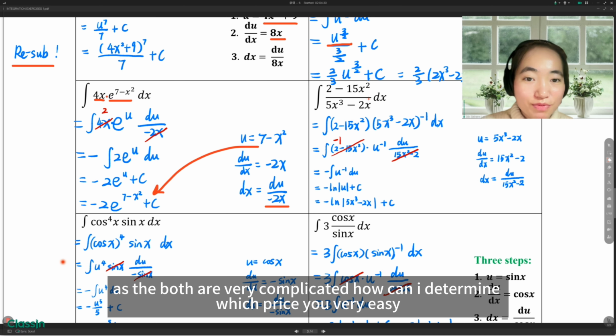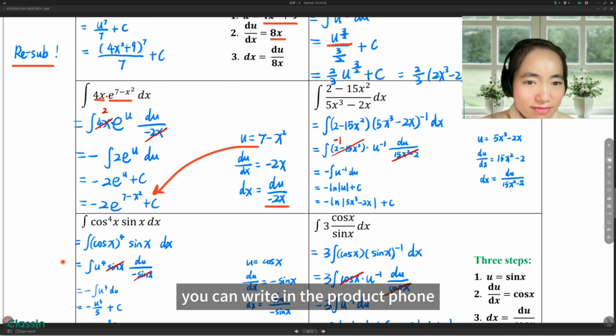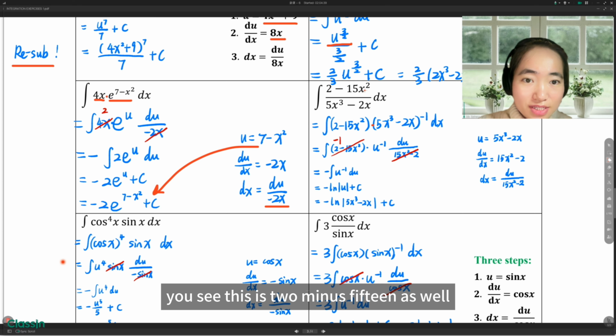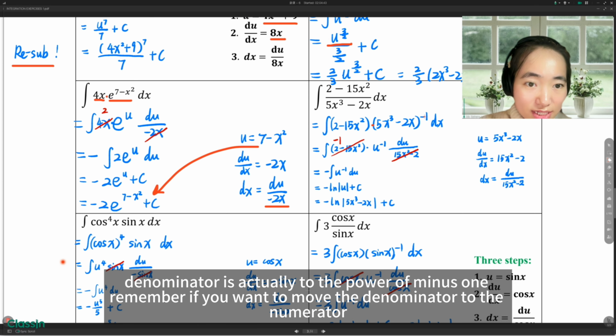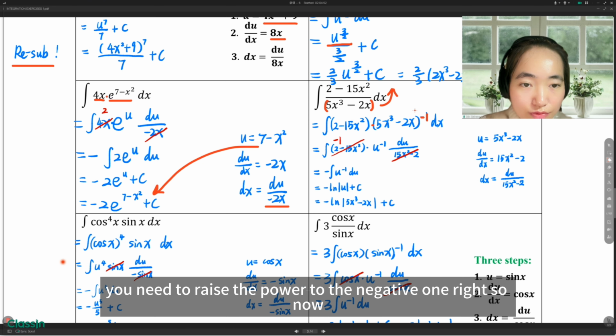How can I determine which part is u? Very easy. You can write in the product form. You see, this is 2 minus 15x squared, you move here, but this is denominator, right? Denominator is actually to the power of minus 1, remember? If you want to move the denominator to the numerator, you need to raise the power to the negative 1, right?